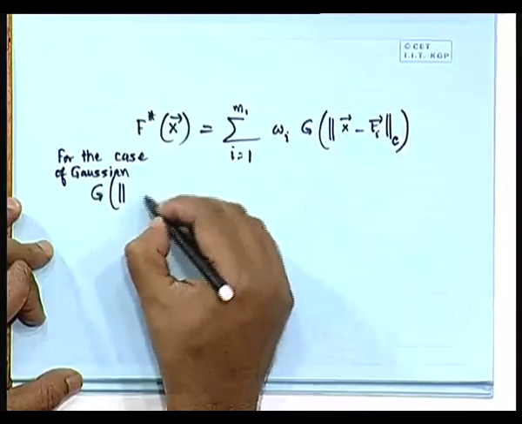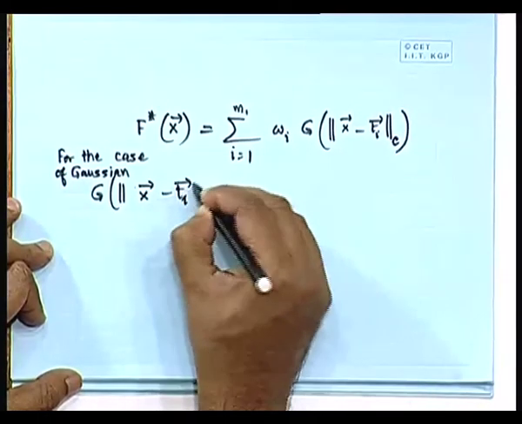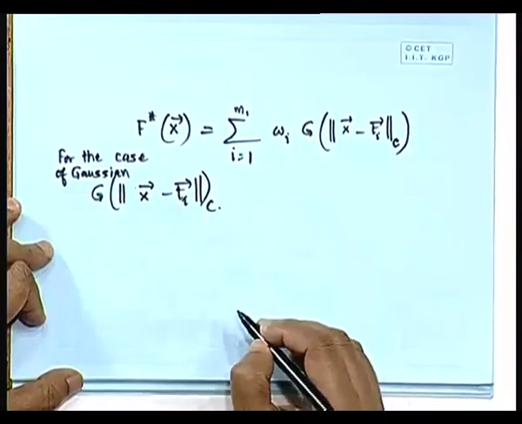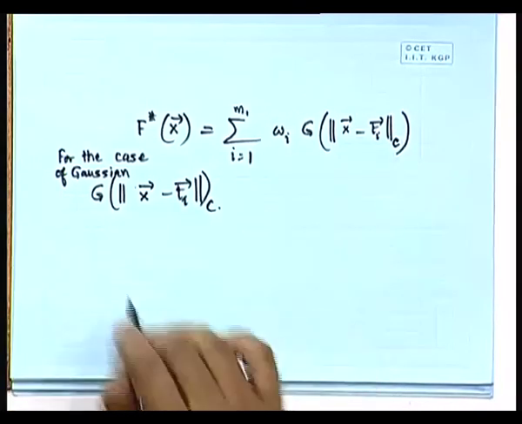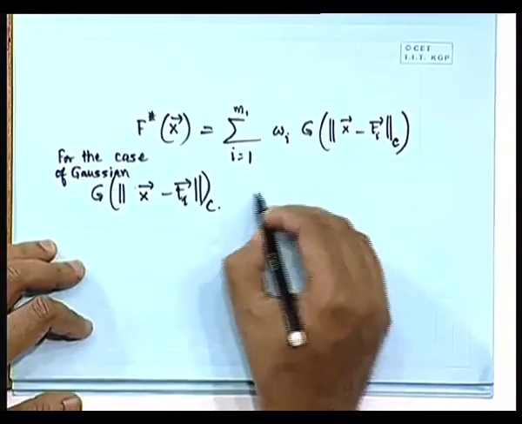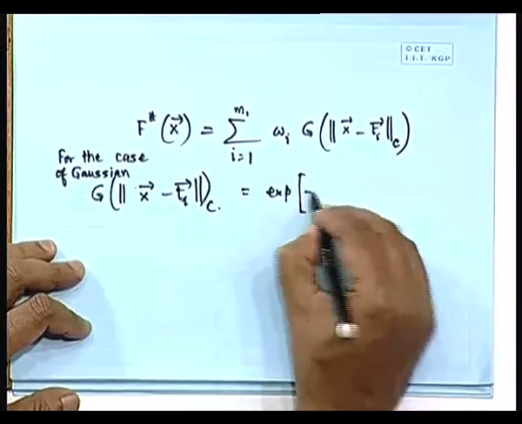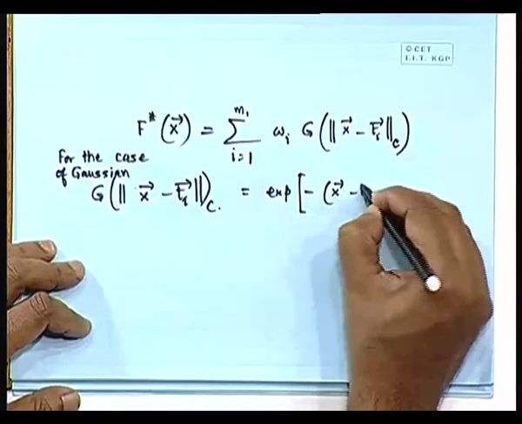We can write g of x vector minus ti vector, taken in the sense C, that is, the weighted norm of x vector minus ti vector.